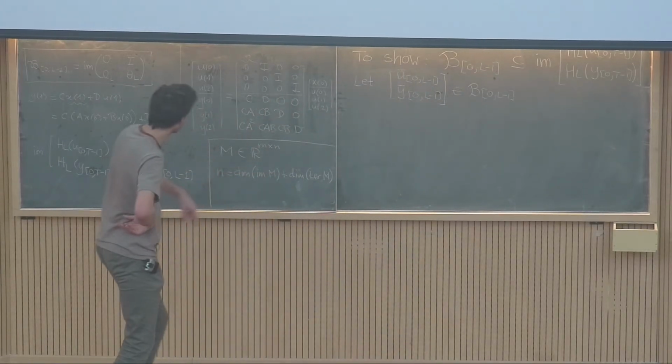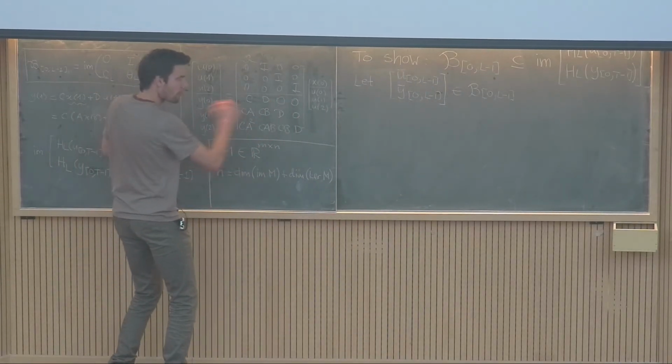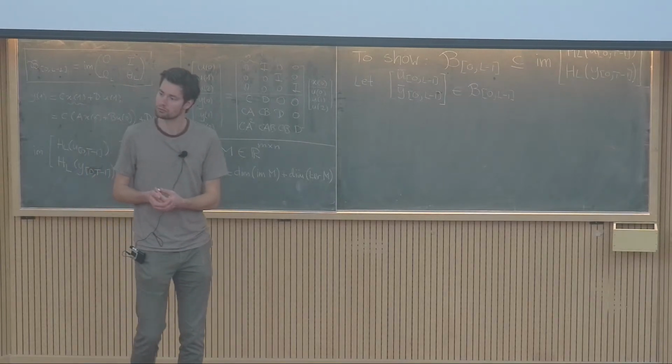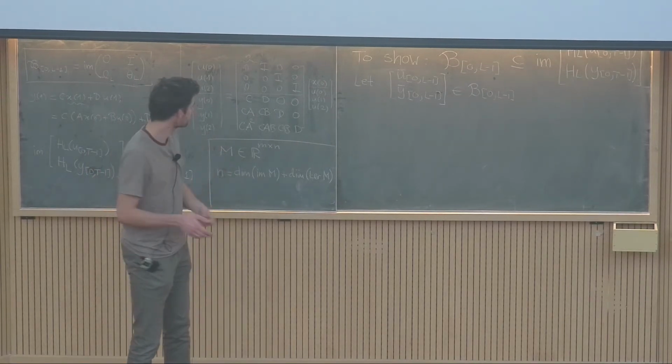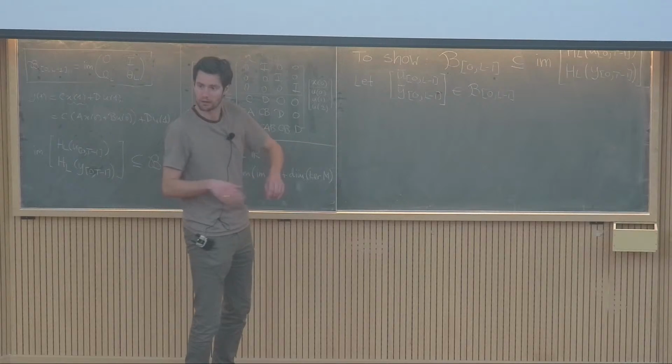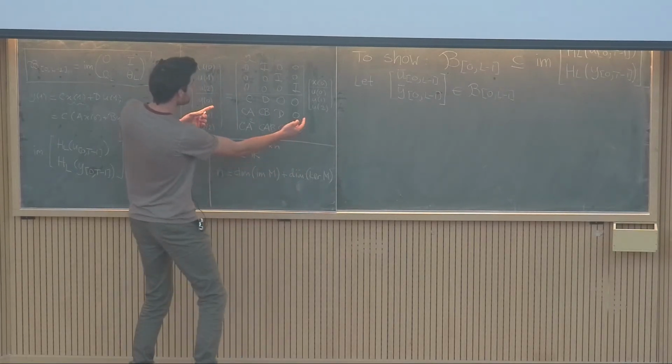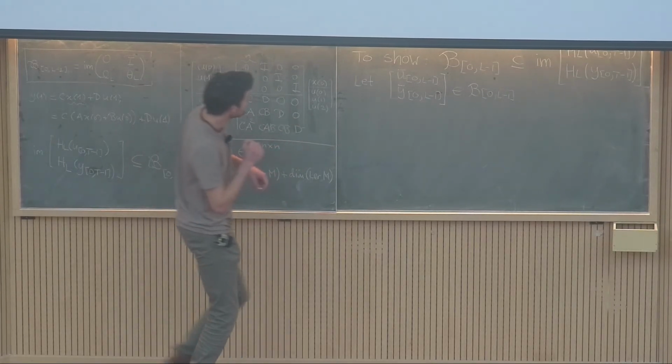And then using Kanat's formula over here, I know that there exists some initial state of the system. Let's denote it by x bar 0, such that this relation holds.